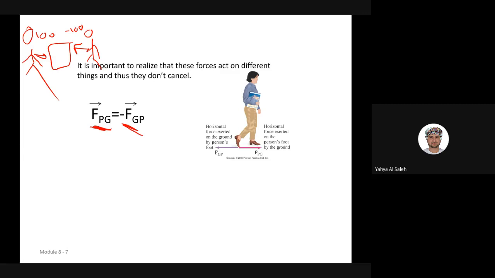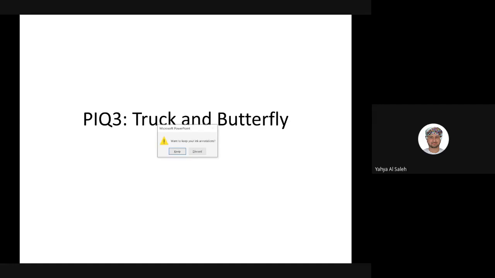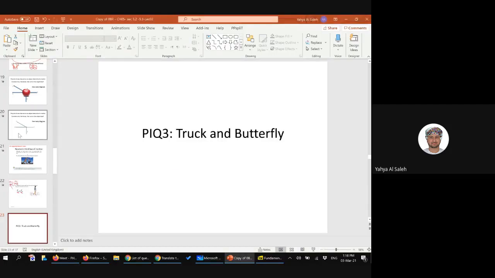So one force is on the ground, the other force is on my foot. They're not on one object. Okay, and that is an extremely important distinction.